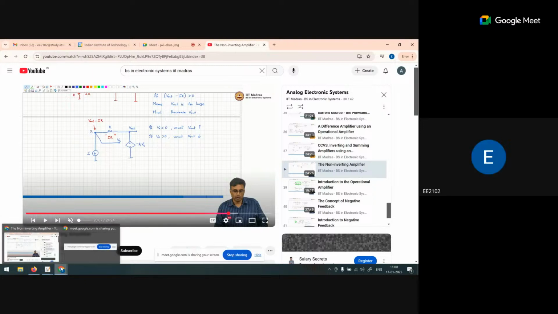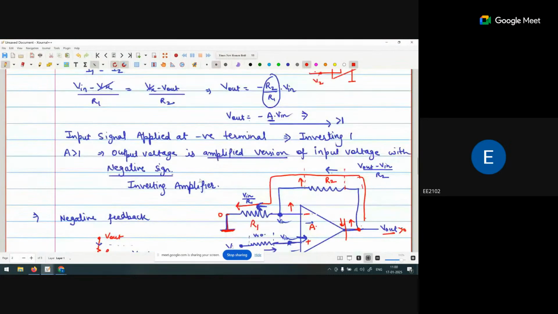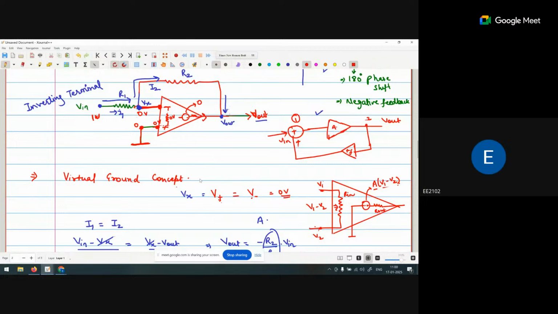If I am using the negative feedback circuit, we get a point Vx here, and this is multiplied by the minus. The amplifier gain is A. So what I get here is minus A times Vx, in the negative feedback.